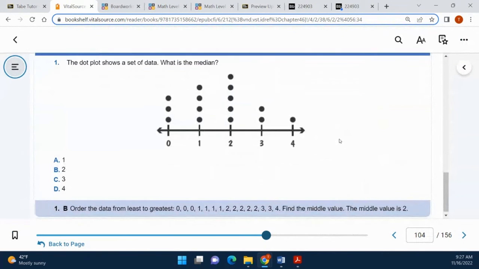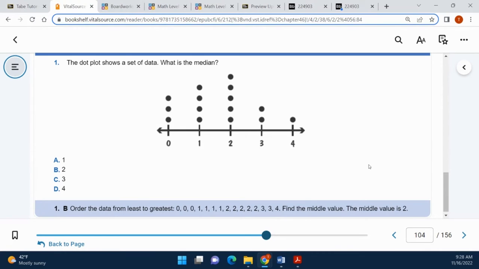So we have the dot plot. Now the dot plot shows a set of data. What is the median? Is it 1, 2, 3, or 4? And that's right. And tell us why, Miss McGowan. Why is it 2?